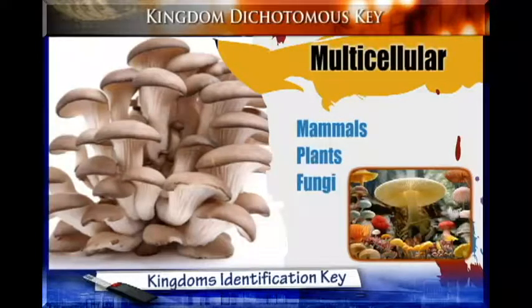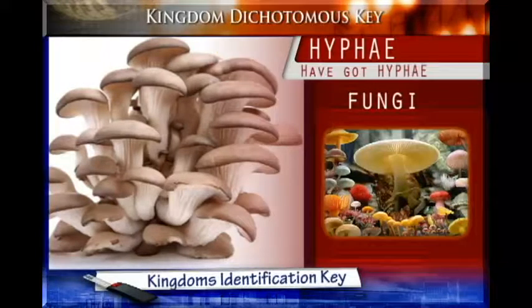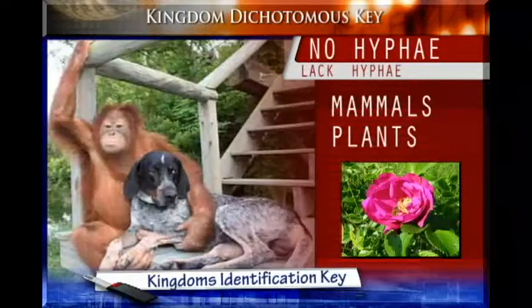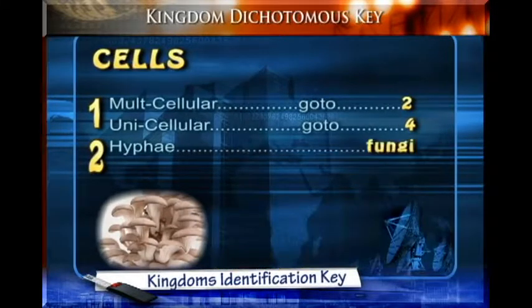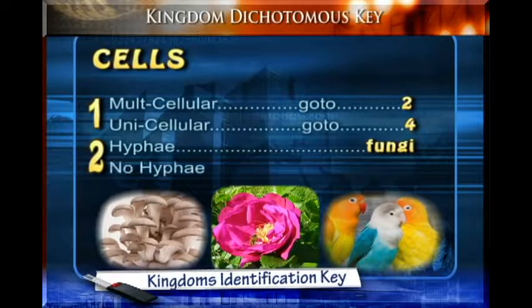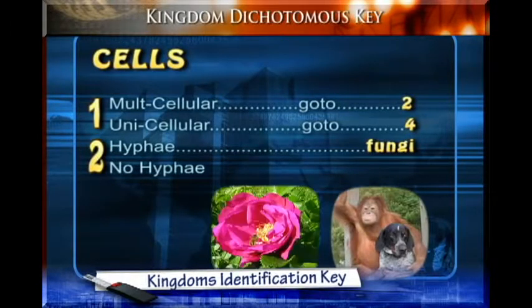The fungi have hyphae, and the plants and animals do not have hyphae. So at the end of the question, which one of the following have hyphae, we put the fungi. And on the other question, which one of the following have no hyphae, we put the animals and the plants.